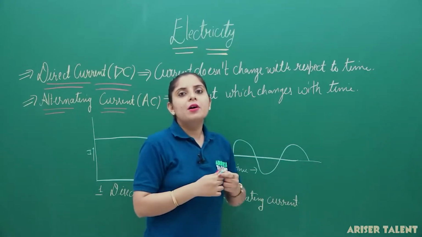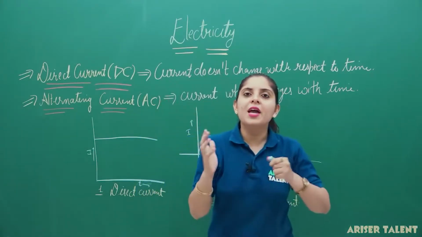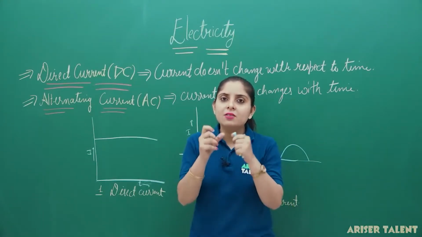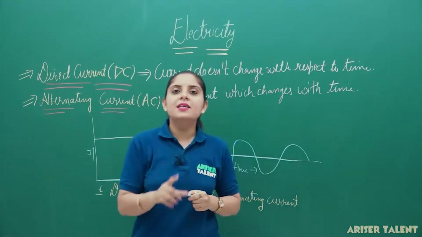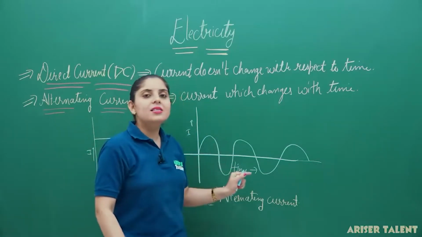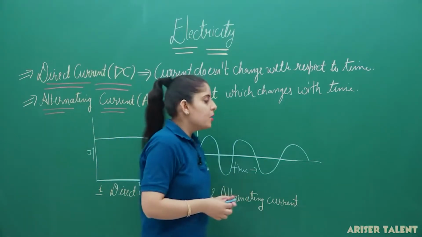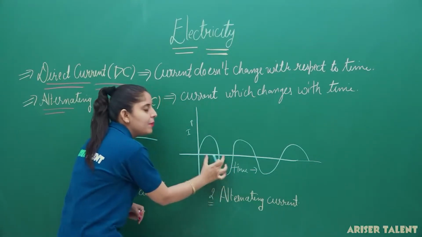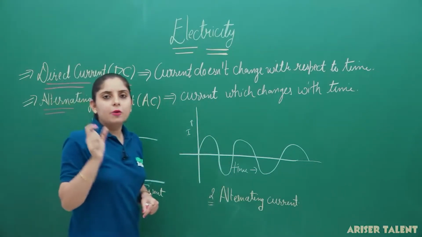Many times we have heard that in our homes we use AC at a frequency of 50 hertz. So, what is this 50 hertz? 50 hertz is the number of cycles covered in 1 second. If I take this cycle, this entire period will be the frequency of that particular part.